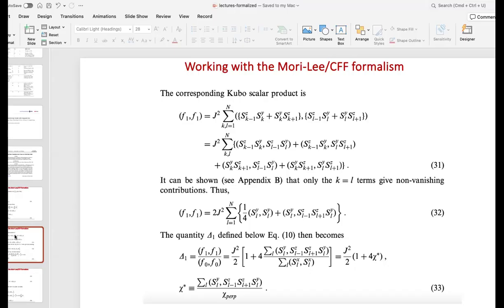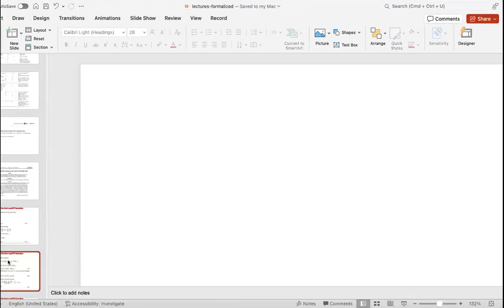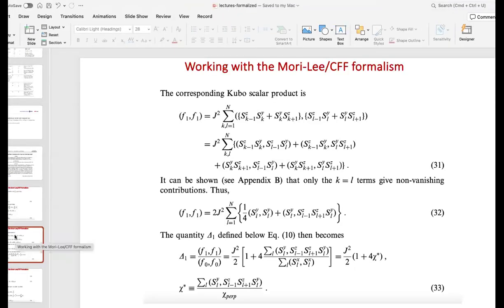So SY and SZ multiplication will give you an I SX with a minus, right? And the trace of I SX is going to be 0 because Pauli spin matrices are traceless. Okay? So that is the primary reason why this thing simplifies. And once it simplifies, then you can see that this equation 32 becomes the form.